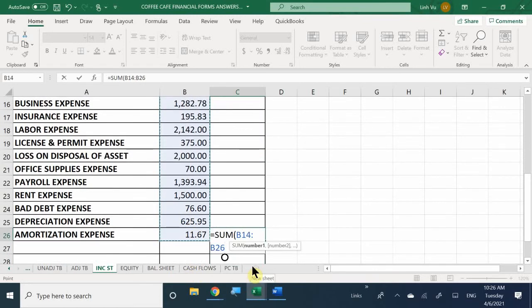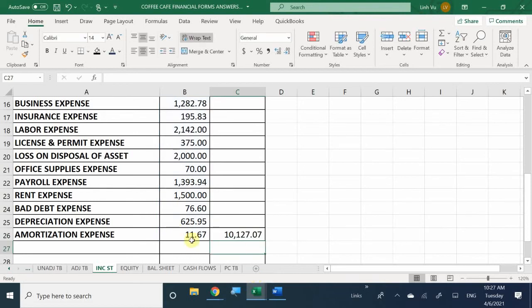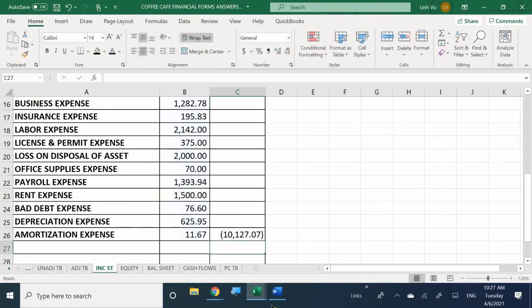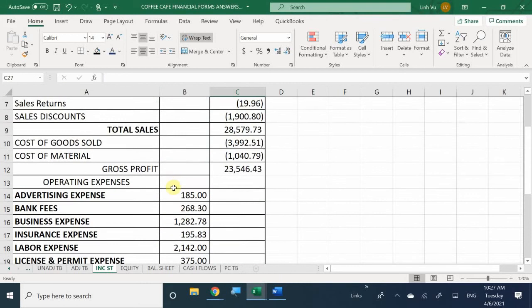So, what's my total operating expenses? $10,127.07. Yes. And if you wanted to, you could put a negative in front of the sum to give you negative 10,127.07.